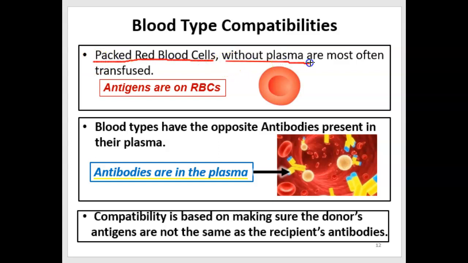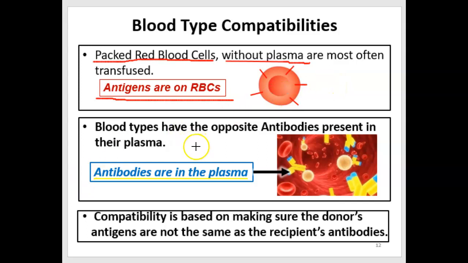No plasma, and typically no white blood cells either. So the donor is giving red blood cells, and the donor has antigens on the red blood cells, the donor blood, right? Now, there's no antibodies being given to the person.